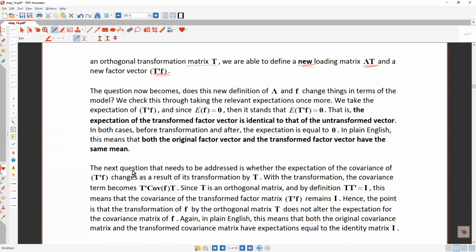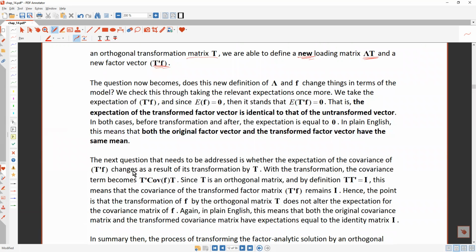So when you look at this a little bit more, the question is, does this new definition of our loading matrix and factor vector change things in terms of the model? Well, when you work through the expectations of this, which you need to figure out what the mean of the factors are, we see that the expectation of the transformed factor is identical to that of the untransformed factor, which means the original factor vector and the transformed factor vector have the same mean.